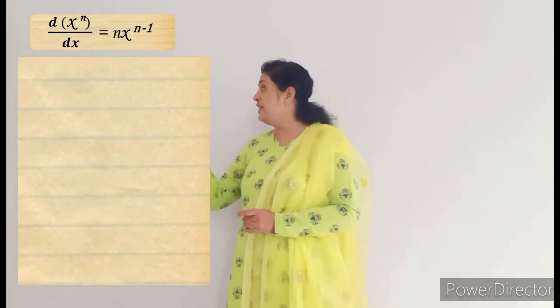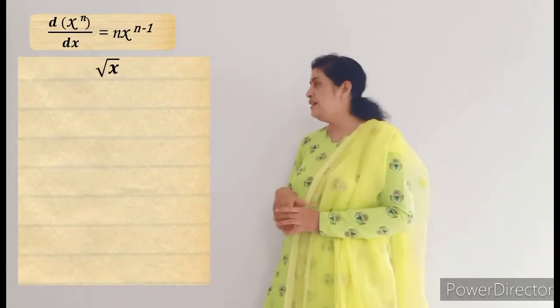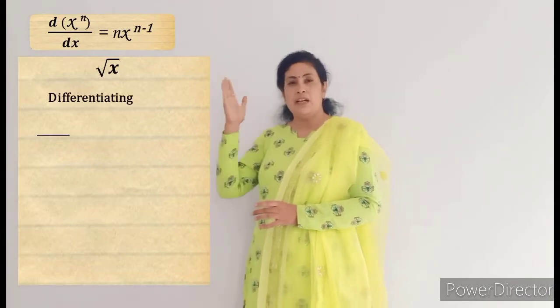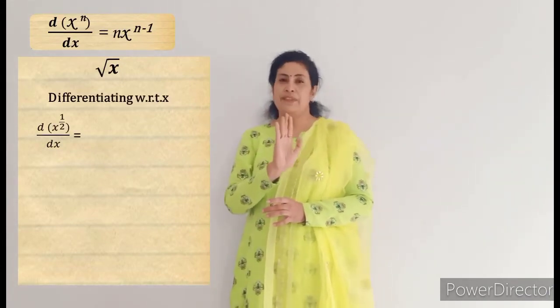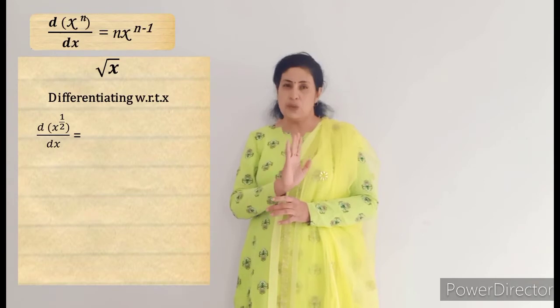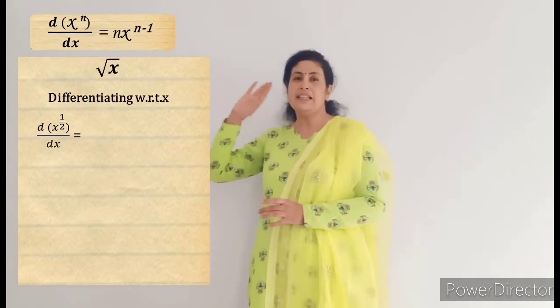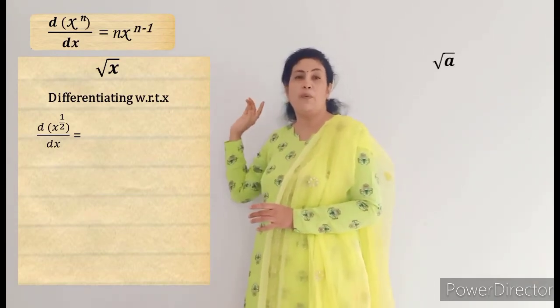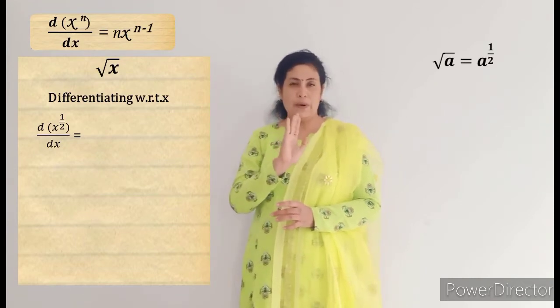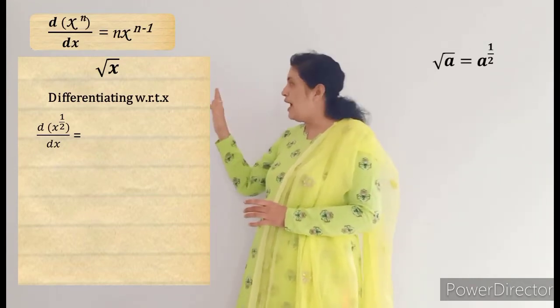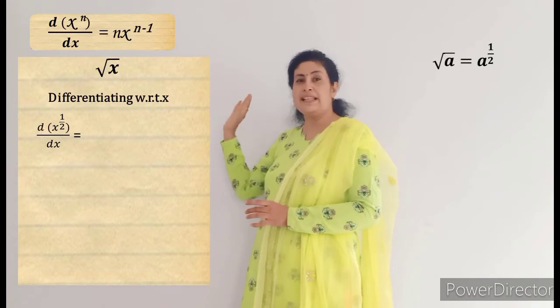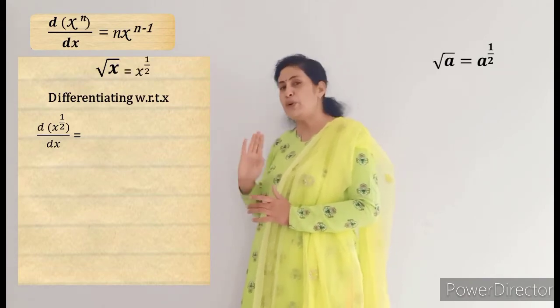What if you have a function root x, the square root of x? If that is the function, then how do we take it? You all know very well that if it is a square root, the index can be converted to 1 upon 2. So I can write root x as x raised to 1 upon 2.